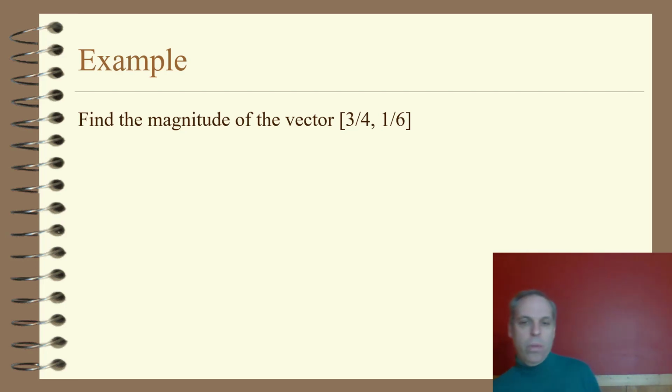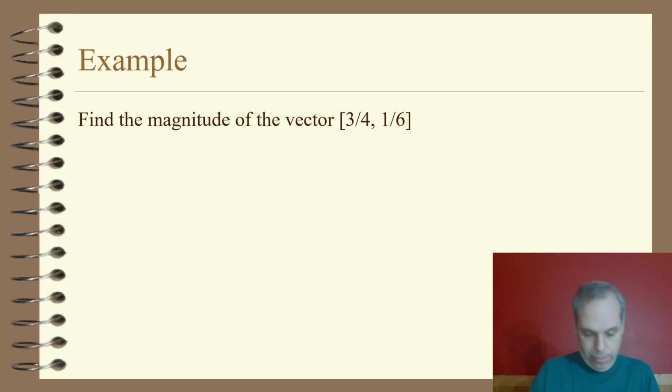So what if I wanted to know the magnitude of this vector? There's a number of ways to handle it. But I hate working with fractions. So if I were to do the problem, I'd be a little sneaky. I'd say, hey, to find the length of the vector (3/4, 1/6), I'd notice, do you see how you can take a common factor of 1/12 out of that?